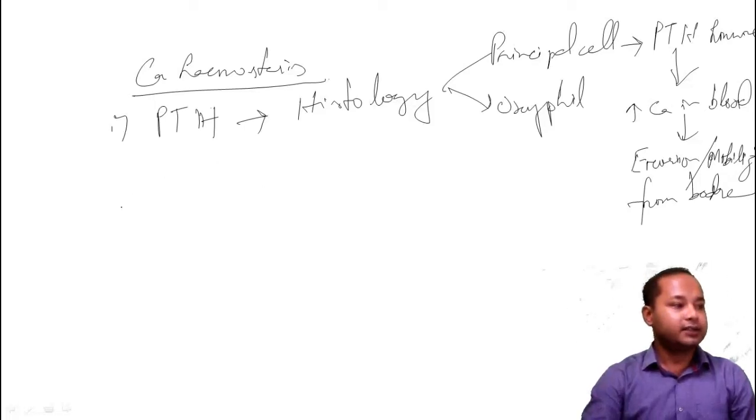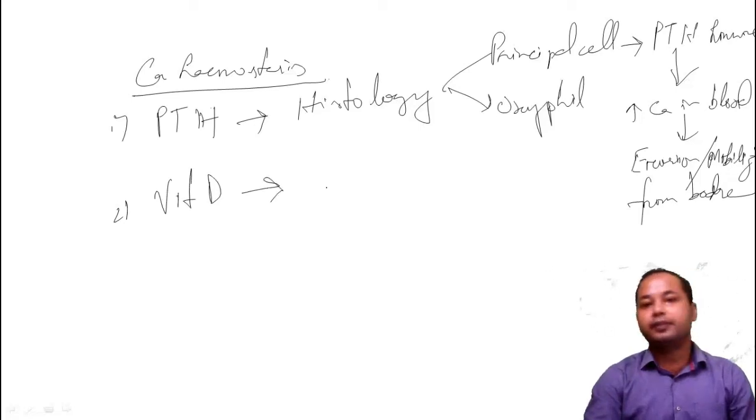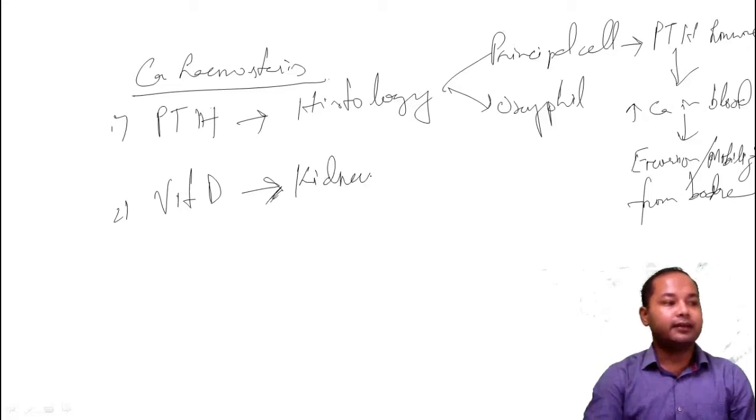The good practice is vitamin D, which is synthesized in our body in certain cases, and can also be taken artificially in case of deficiency. Vitamin D, which is synthesized mainly from the kidney, actually increases the absorption of calcium.